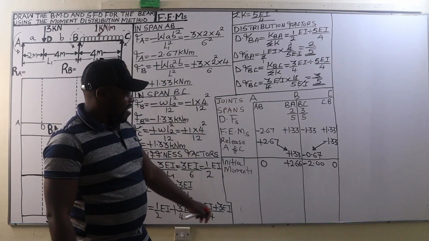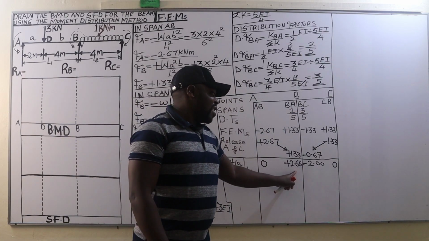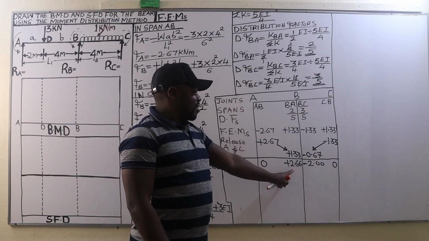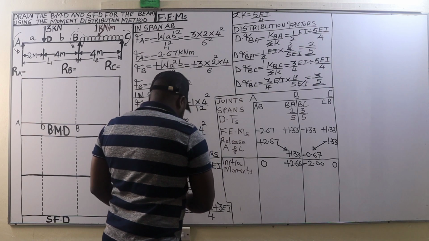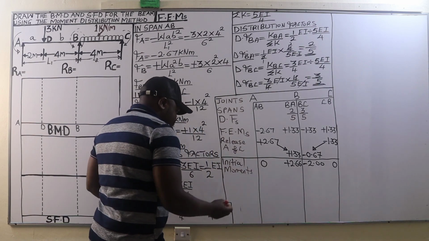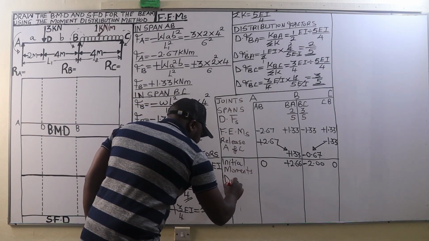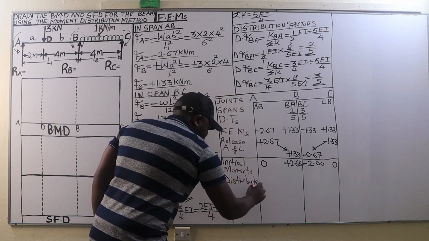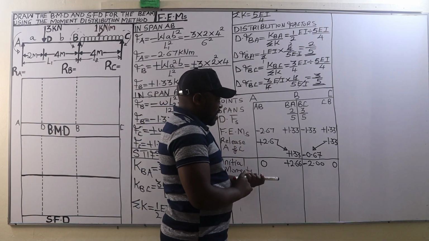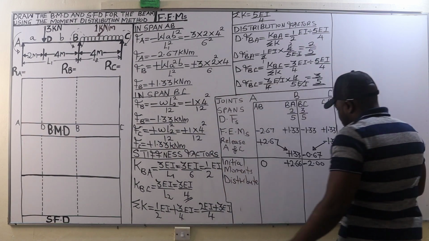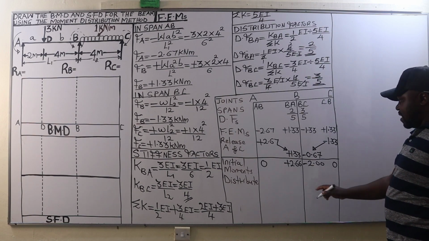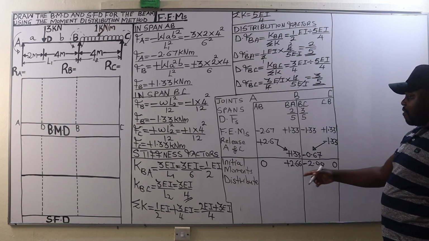After that, we are going to distribute. Here we have an excess moment of 0.66, so the next thing we do is distribute.